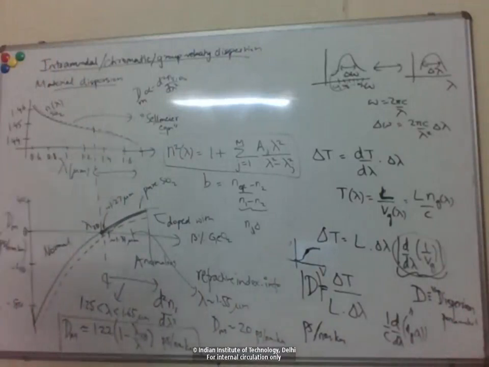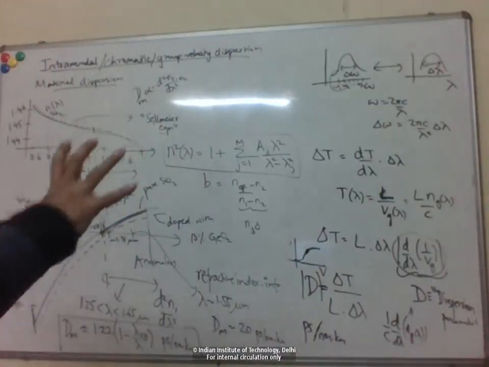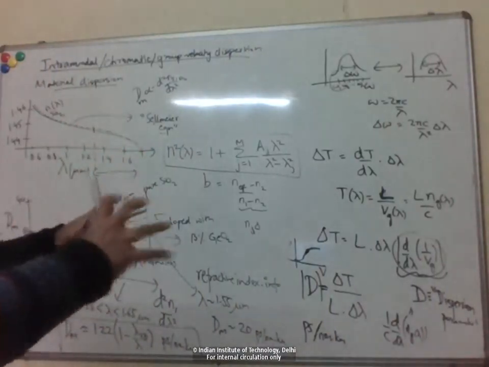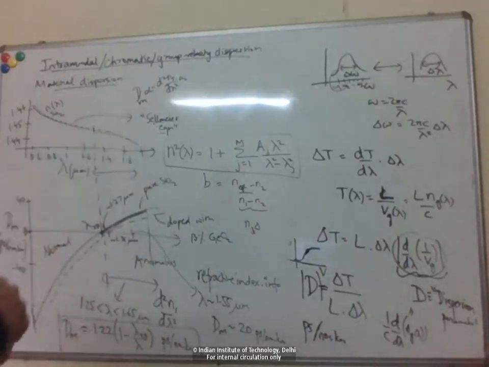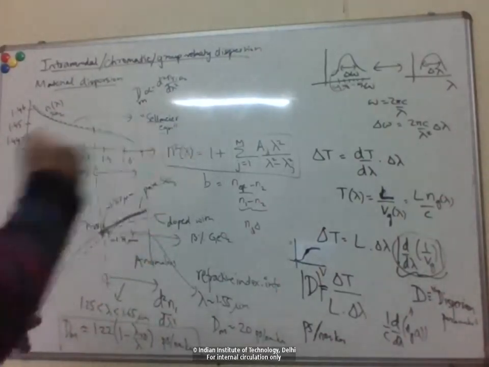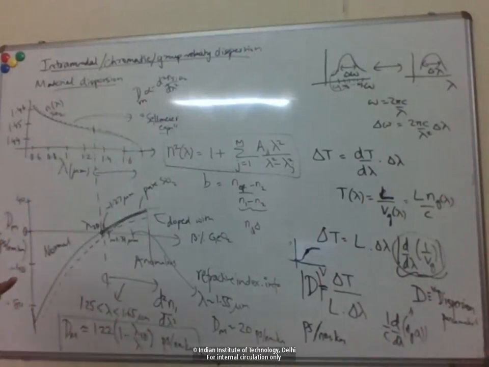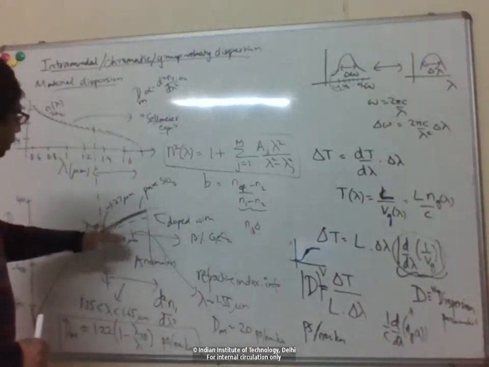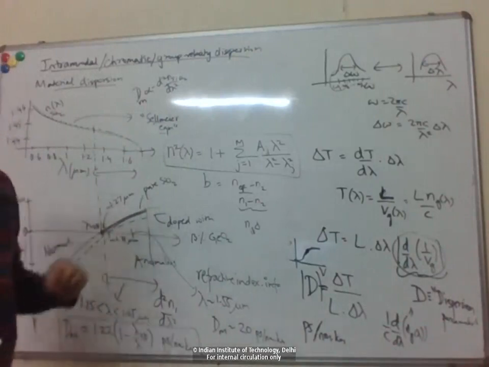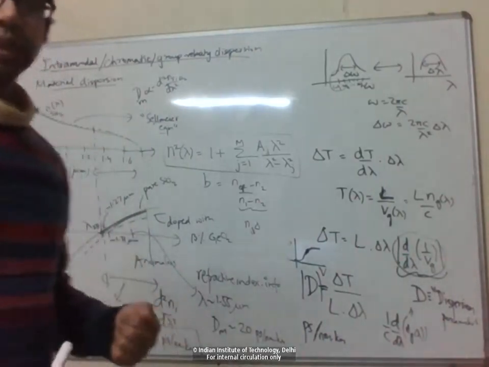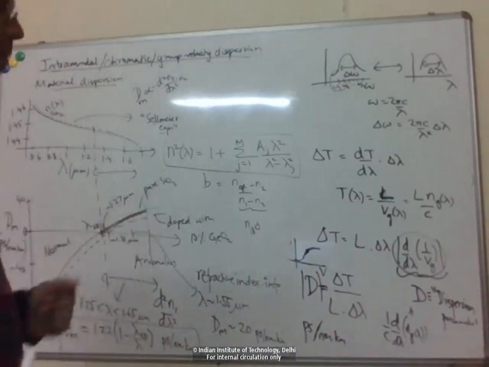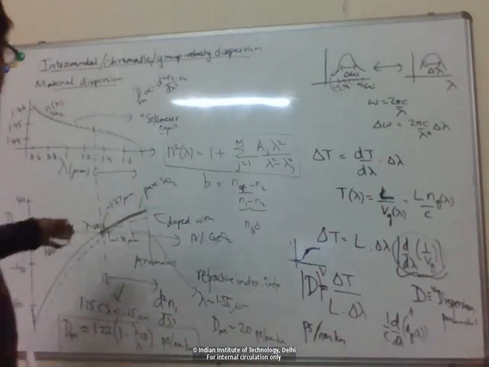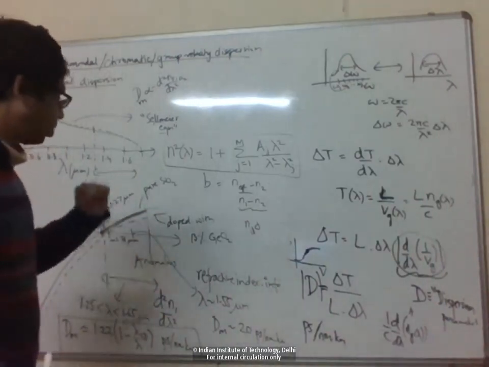The second contribution is the waveguiding, which depends on the actual fiber parameters like core size and index difference, because it depends on this BV curve. We'll see in the next class how we can modify this dispersion curve using waveguide dispersion. By designing the fiber with appropriate parameters, we can change this dispersion profile.